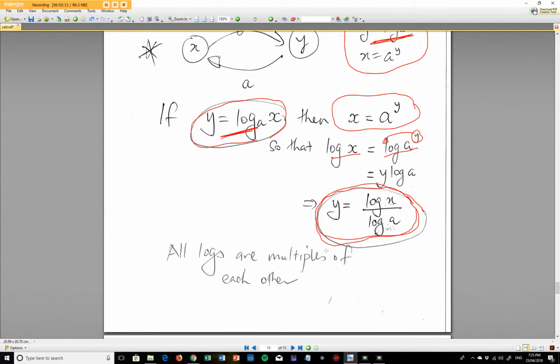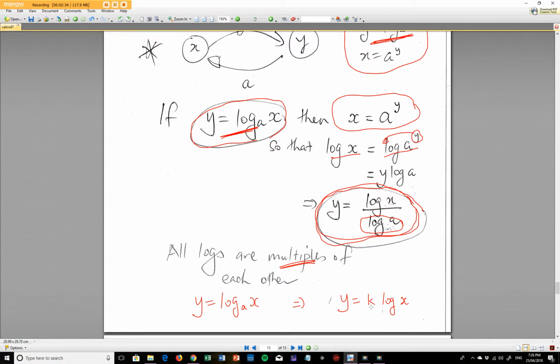So in effect, that means that all logs are multiples of each other. What we've basically shown is if y is log to some base of x, that means that y is 1 over log a, which is a constant, times the natural log. All logs are just multiples of each other.